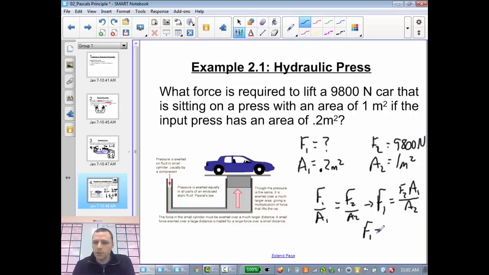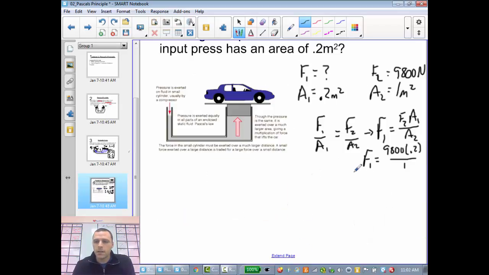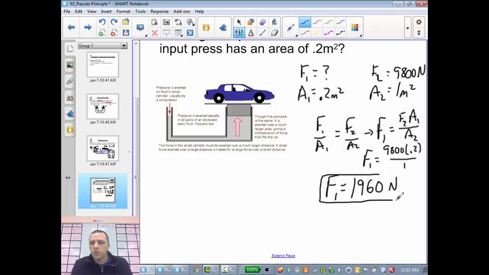Force 1 is going to equal 9,800 multiplied by 0.2 divided by 1. And let's get an answer. Force 1 is going to equal 1,960 newtons. So if we can apply a force of 1,960 newtons, we can lift this car.